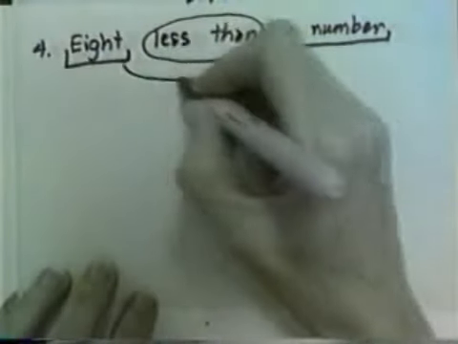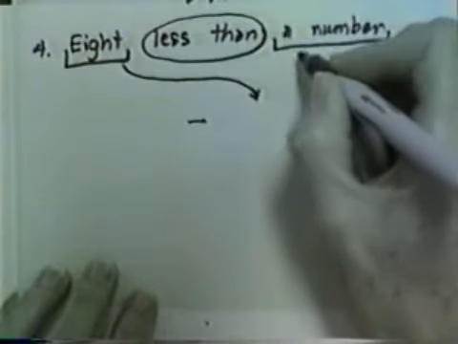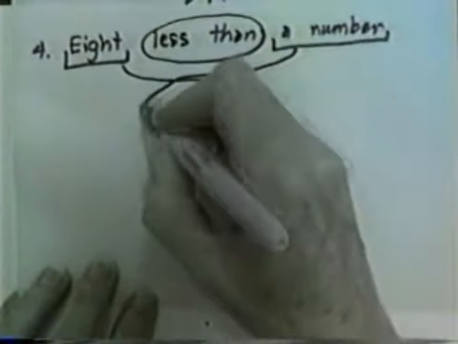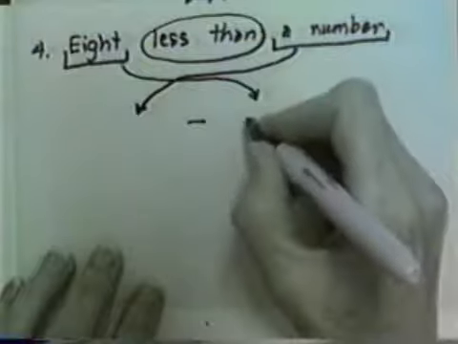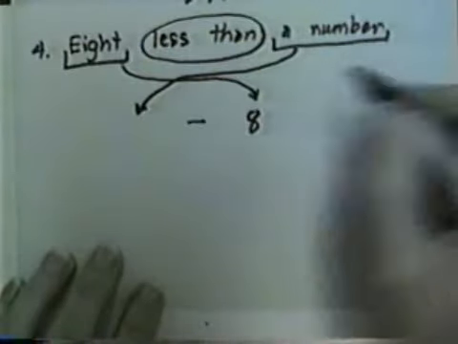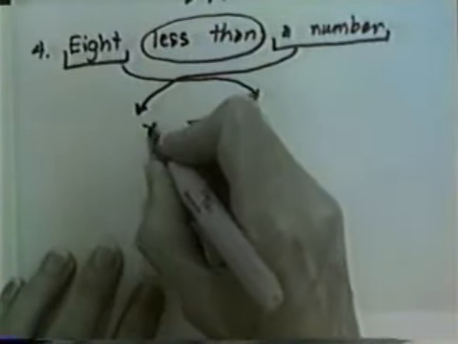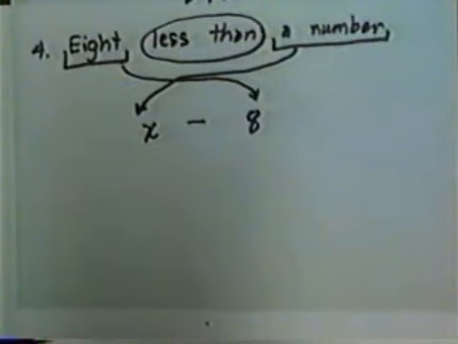Reverse the order. So the 8 comes at the end, and a number, let's call it x, comes at the beginning. So 8 less than a number is x subtract 8.